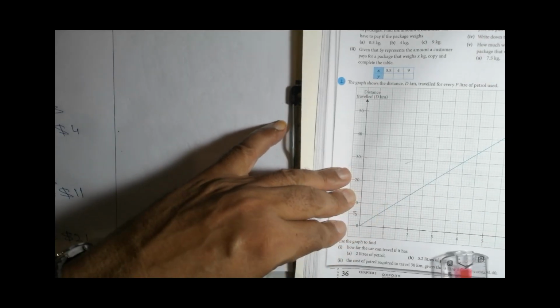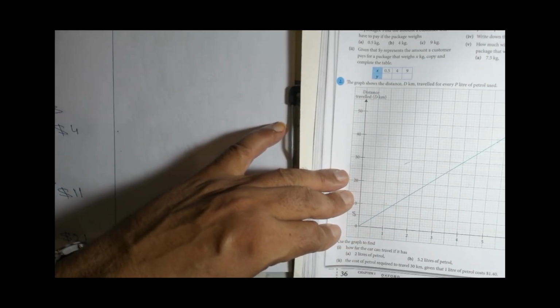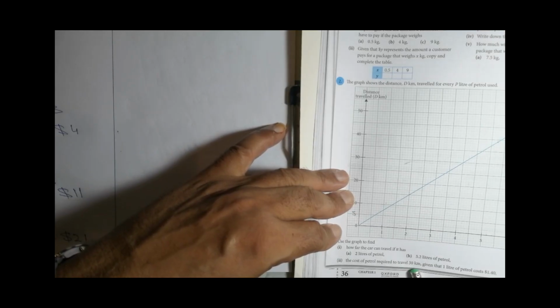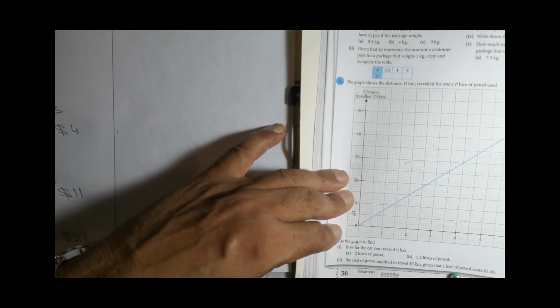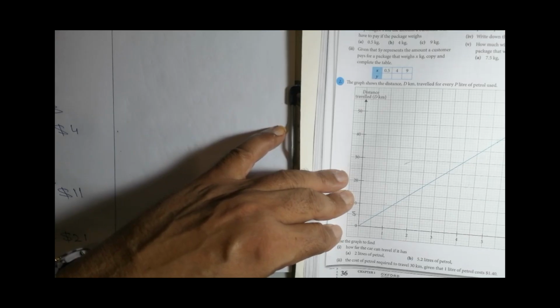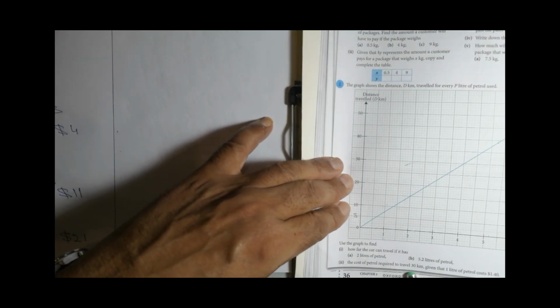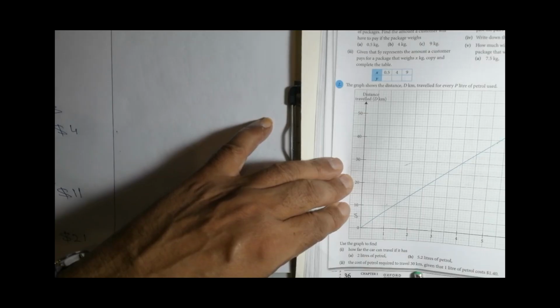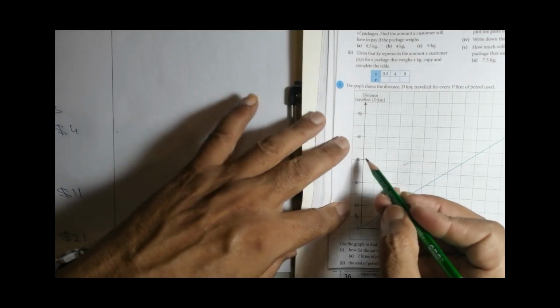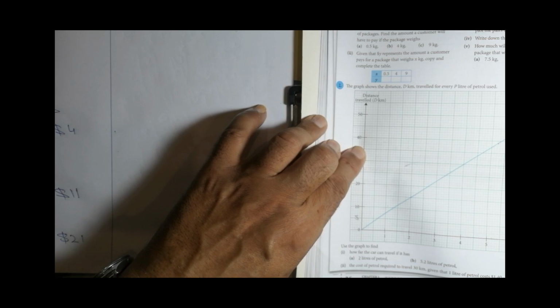And next part 2 is the cost of petrol required to travel 30 kilometers, given that 1 liter of petrol costs 1.40. So for 30 kilometers, where is 30? 30 is this one.